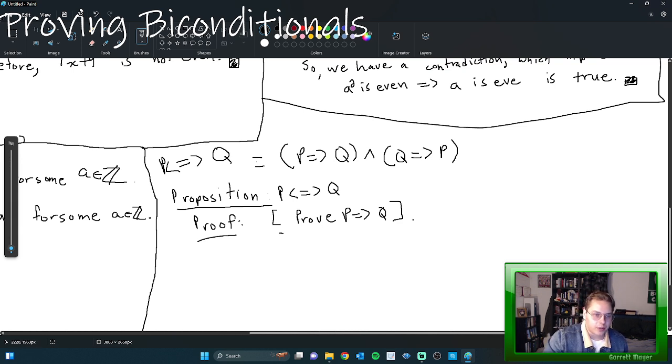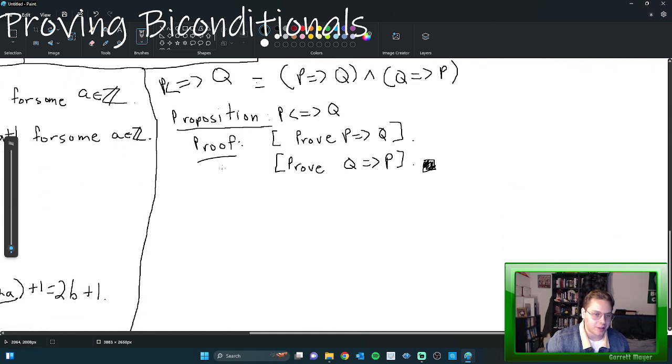Go ahead, do whatever you want. And then you prove if Q then P, and then that completes your proof. And you can once again prove by direct, contrapositive, contradiction, any type of proof that you want to do.